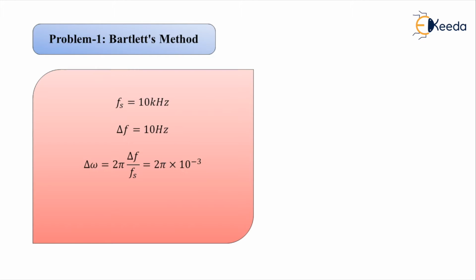Now, as we know, the resolution of the periodogram can be represented using an L point data record by this mathematical expression. Here the resolution for the periodogram method, P cap suffix PER, is equal to delta omega, and this is nothing but 0.89 times 2 pi by capital L. Now we are using Bartlett's method.